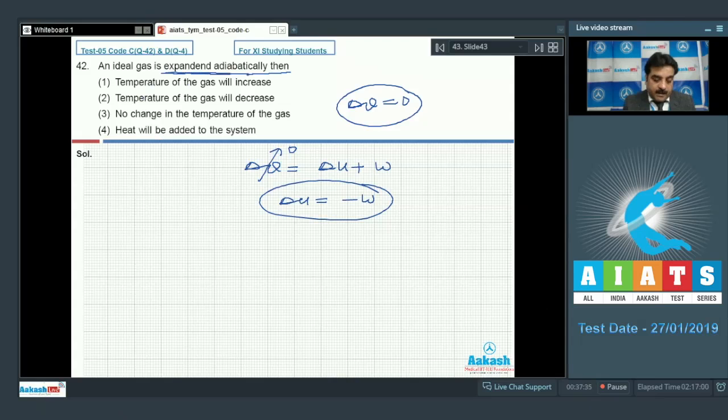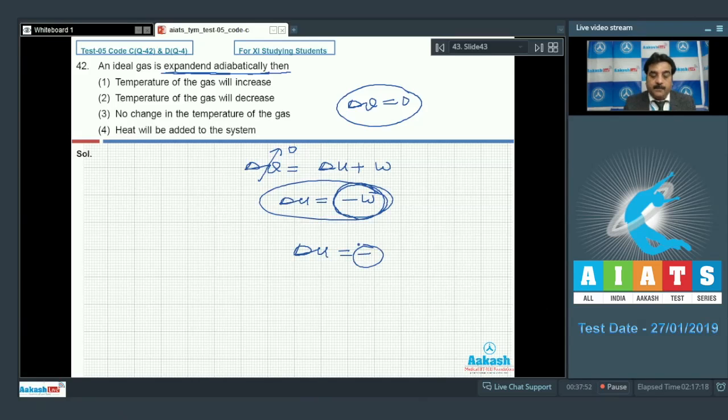The question says expanded adiabatically. Expanded means work done by the gas on the piston, so it will be positive. It means work done is positive. So the final observation is delta U will be negative.